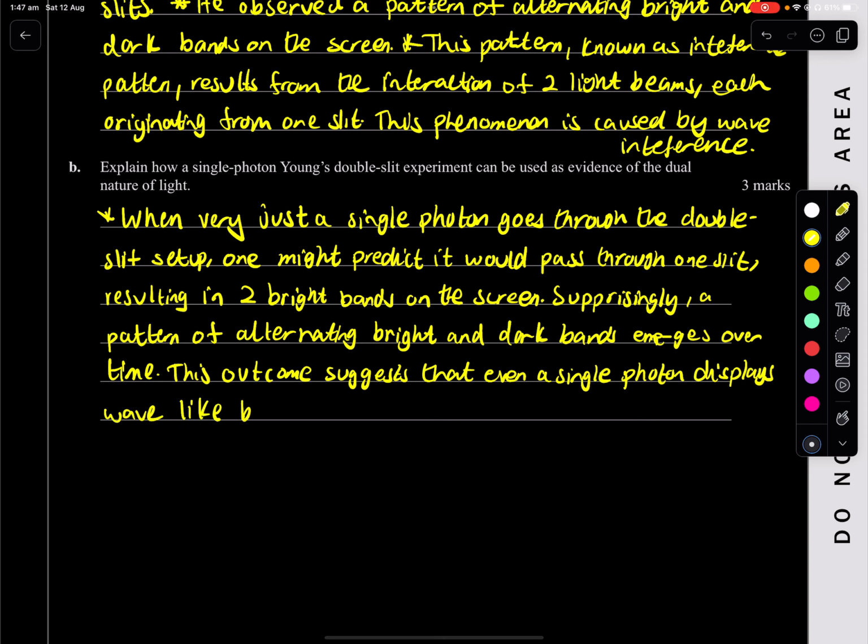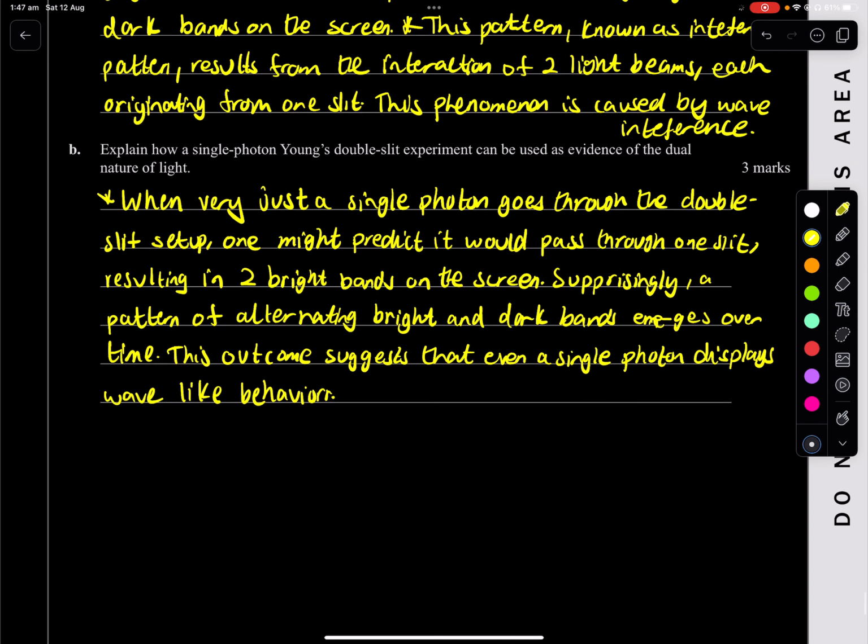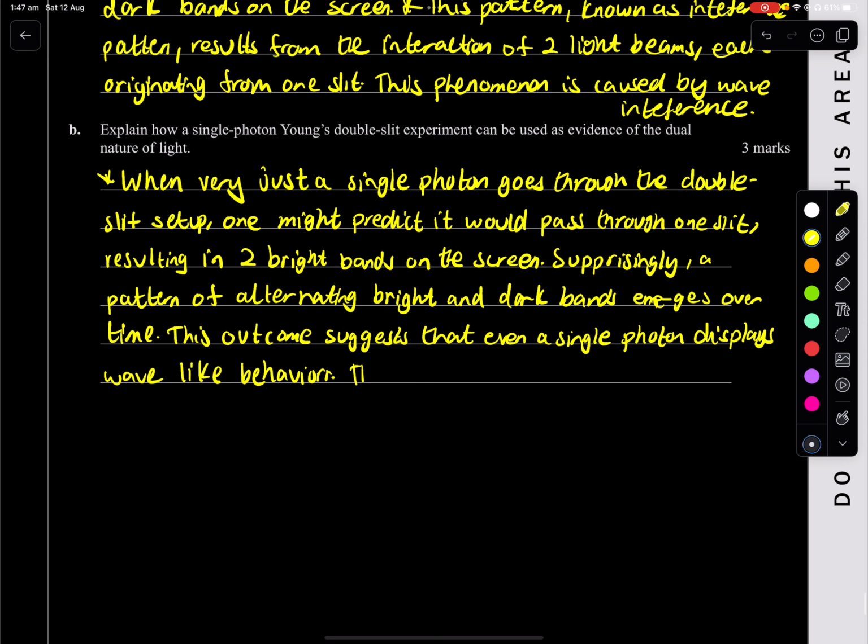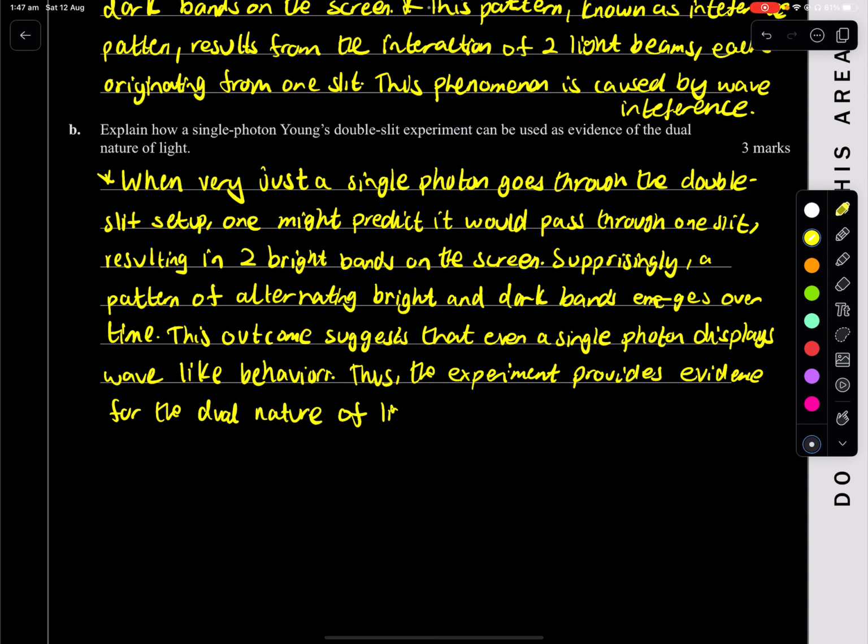Thus, the experiment provides evidence for the dual nature of light. Okay.